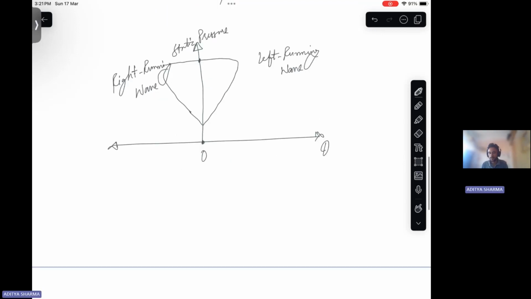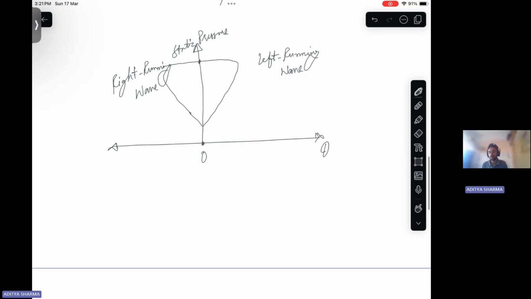What is left and right: if you are standing facing this in the left direction, in that case we have this case.